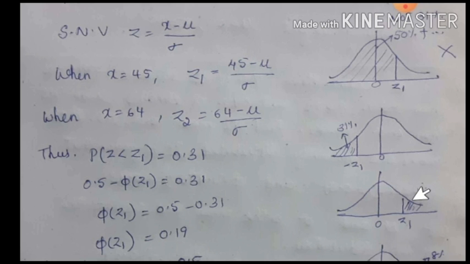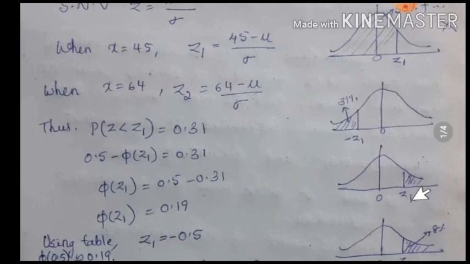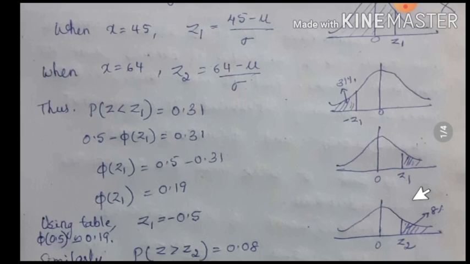Using the normal distribution table, find the nearest value where the area is 0.19. On the right-hand side, where you get 0.19, the corresponding z value you have to find in the normal distribution table.